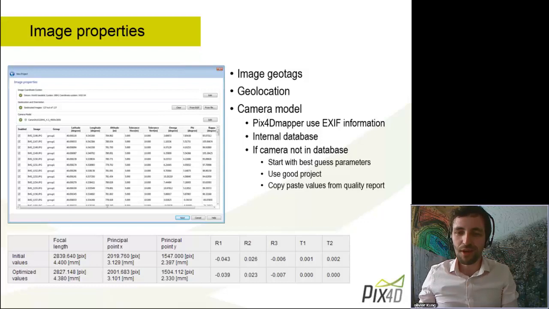So just to summarize, by order of preference, the software will put the results in the coordinate system of the ground control points. If you don't have ground control points, then it's going to choose the coordinate system of the geotags. And if your geotags are in GPS, then the results will be given in UTM.